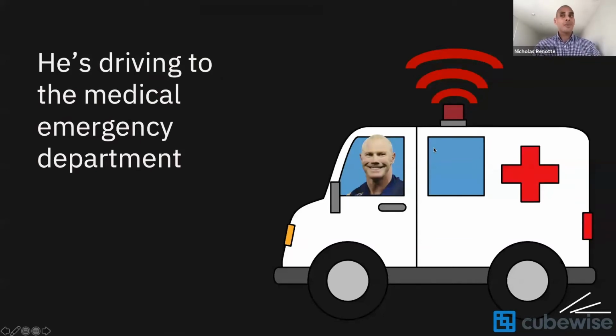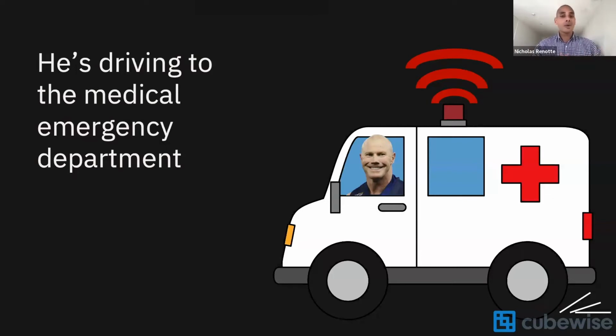Now you're probably thinking, where is this going? Well, there's a very good reason why I'm starting off our session by telling you the story of Barry. And that's because Barry driving himself to the medical emergency department is actually the acronym for the baseline data science framework that underpins a whole heap of data science projects around the world.